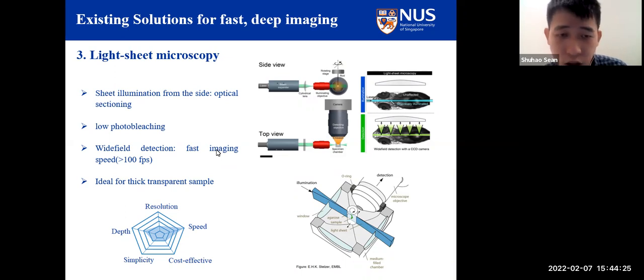Another big issue for the light sheet microscope is that the mounting of the sample is very tricky. It's very difficult to mount it in a very tiny space, especially in this chamber, so the optical alignment of the objective lens should be specially designed.